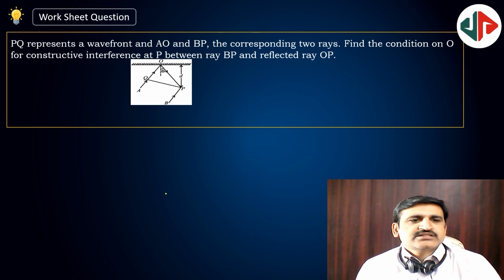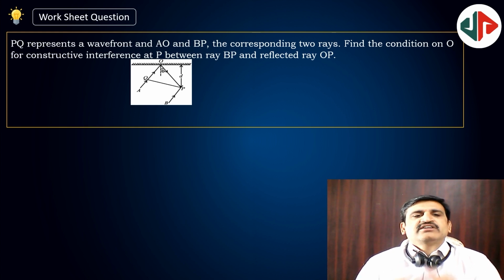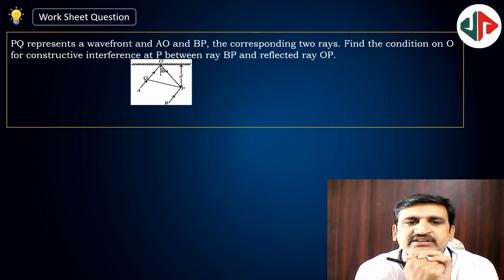PQ represents the wavefront. AO and BP are corresponding to rays. Find the condition on theta for constructive interference at P between BP and the reflected ray of OP.